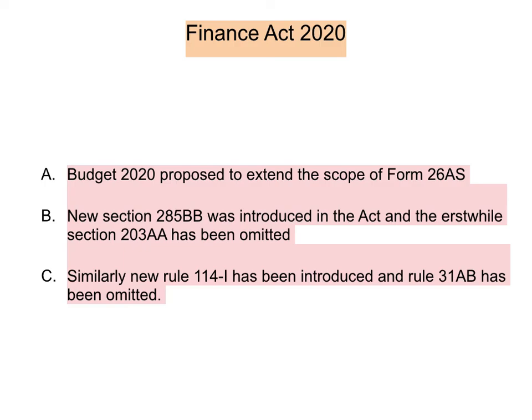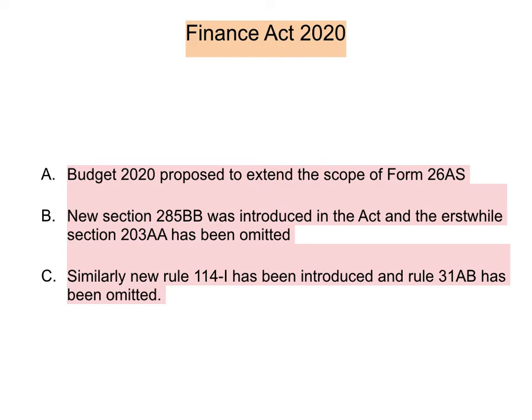Budget 2020 proposed to extend the scope of Form 26AS beyond the information currently presented. Consequently, Section 285BB has been introduced in the Act, which requires the Income Tax Authority to incorporate certain other information in addition to the existing information.